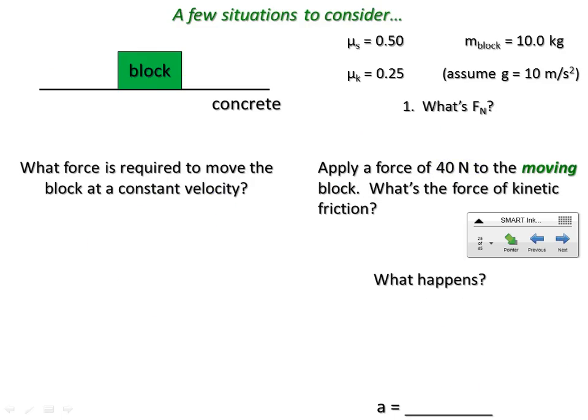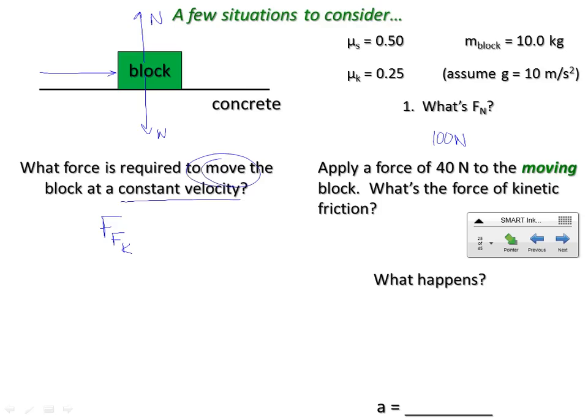Things look a lot similar here, except now we're talking about the thing moving. How much force is required to move it at a constant velocity? As soon as you see something about motion, we are talking about FFK. Here's the weight, here's the normal. Again, it's 100 newtons like it was on the last page.